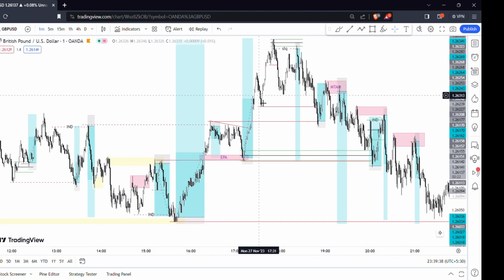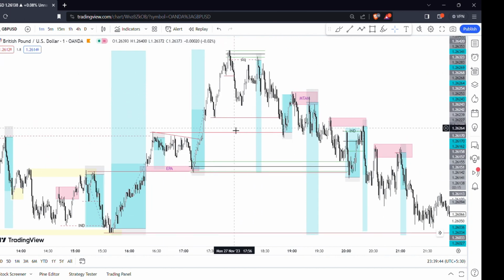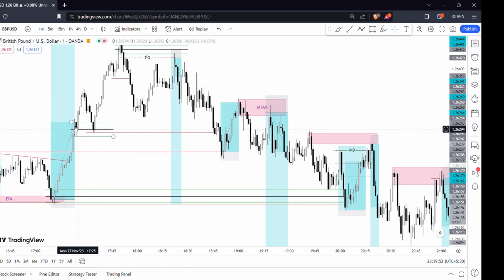You will understand why this small pullback happened. If you see why the market reversed from this, not from this here, it's simple. Because I read how the candle shape is. This candle shape has a lot of buying pressure. If you see the wick, I know it will hold because of the 50% of the wick.